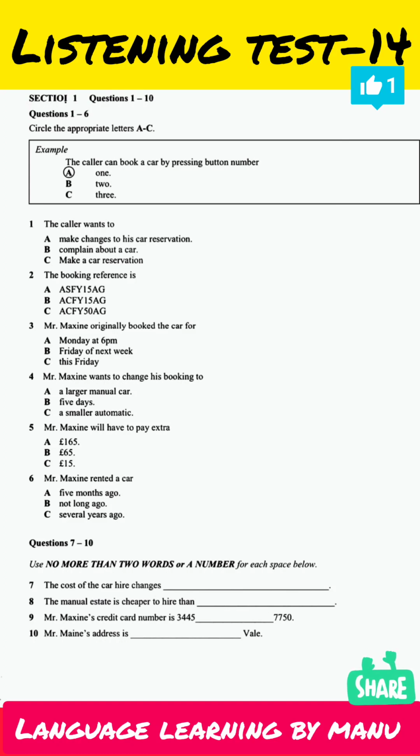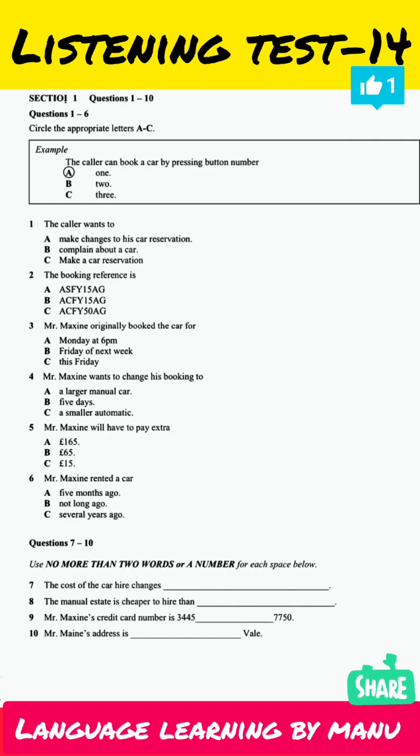It's A for Alpha, C for Charlie, F for Foxtrot, Y for... The number 15, 15, A for Alpha, and G for Go. Let's see. Can I just check that? ACFY 15. Yes. Mr. John Maxine. Yes, that's it.